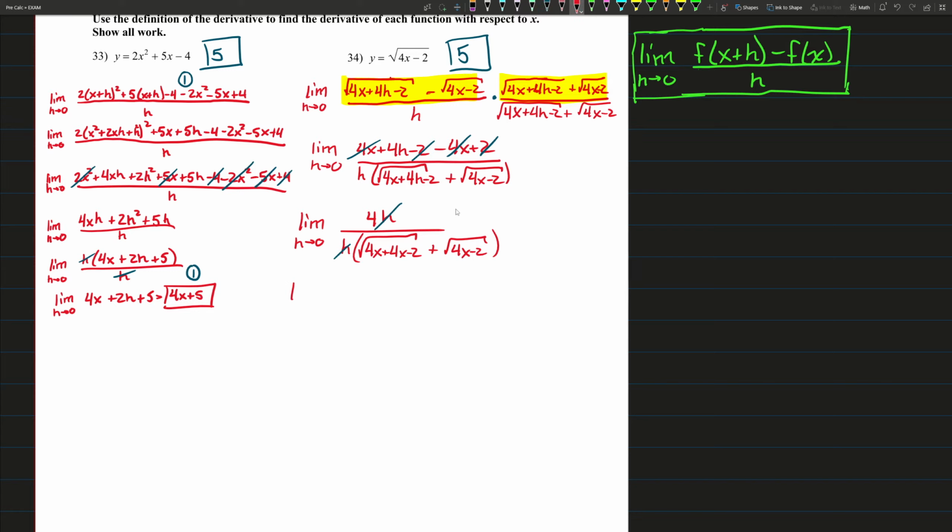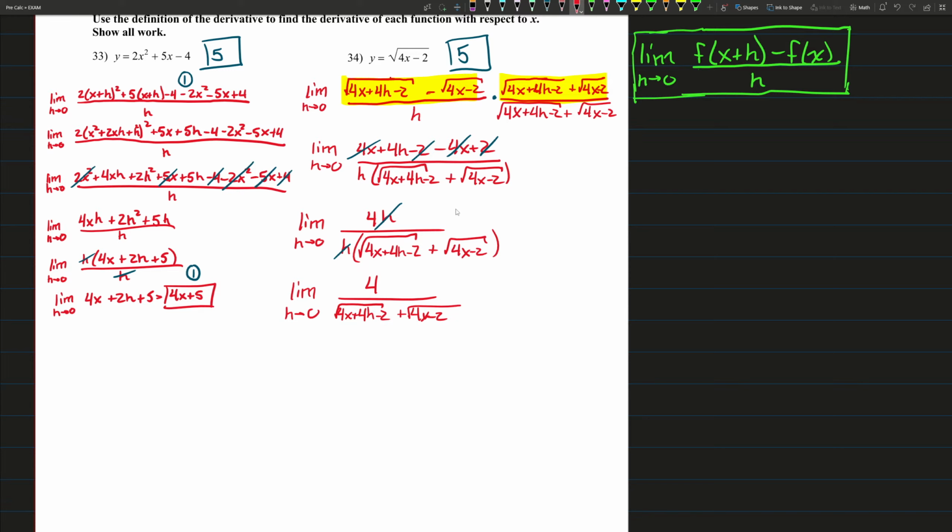And now this is the limit as h approaches 0 of 4 divided by that factor. These should be h's. I don't know why I keep making those x's.